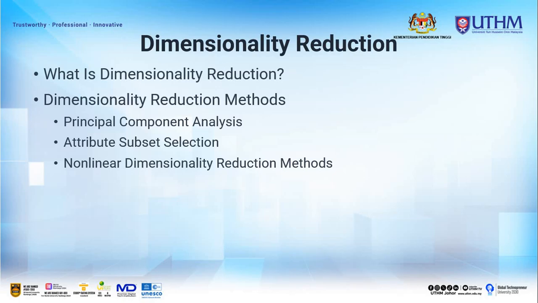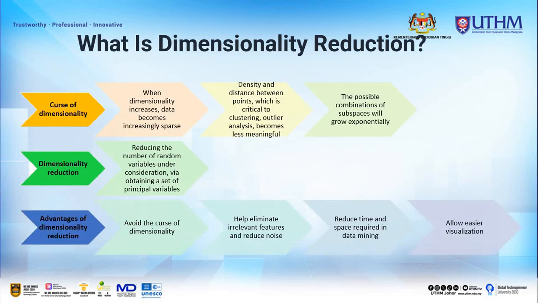So in summary, we can say that dimensionality reduction is a powerful tool for simplifying data sets by reducing the number of features while preserving important information. Common methods like PCA, attribute subset selection, and nonlinear techniques such as t-SNE are suited to different types of data and analysis needs.